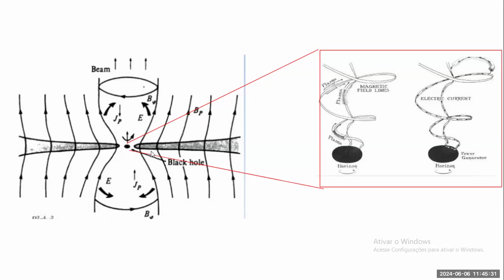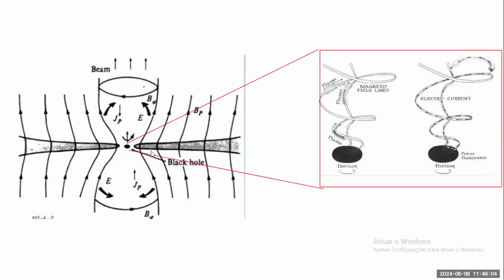And as soon as these field lines reach the magnetosphere, which is more or less bounded by the ergosphere, they experience a torsion, right, due to the extreme rotation of the object.